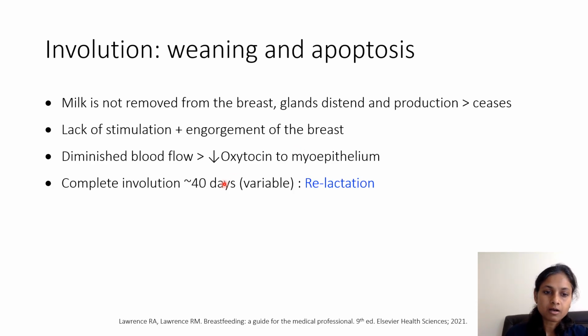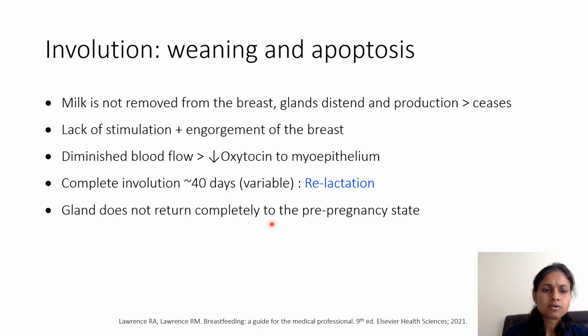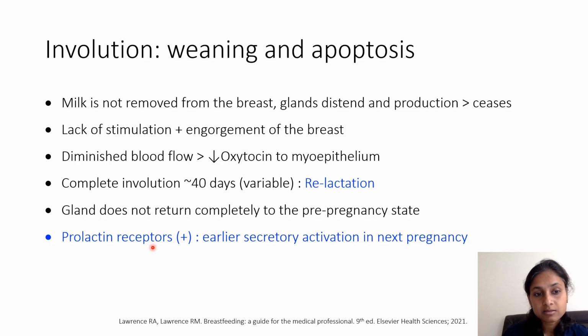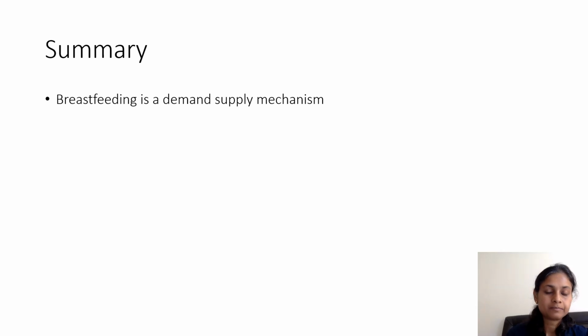Around 40 days is when the breast completely involutes. So if somebody is looking for relactation, preferably do it within 1.5 months. The gland does not return completely to the pre-pregnancy state, which means there are still prolactin receptors present, and this helps in early secretory activation in the second pregnancy.